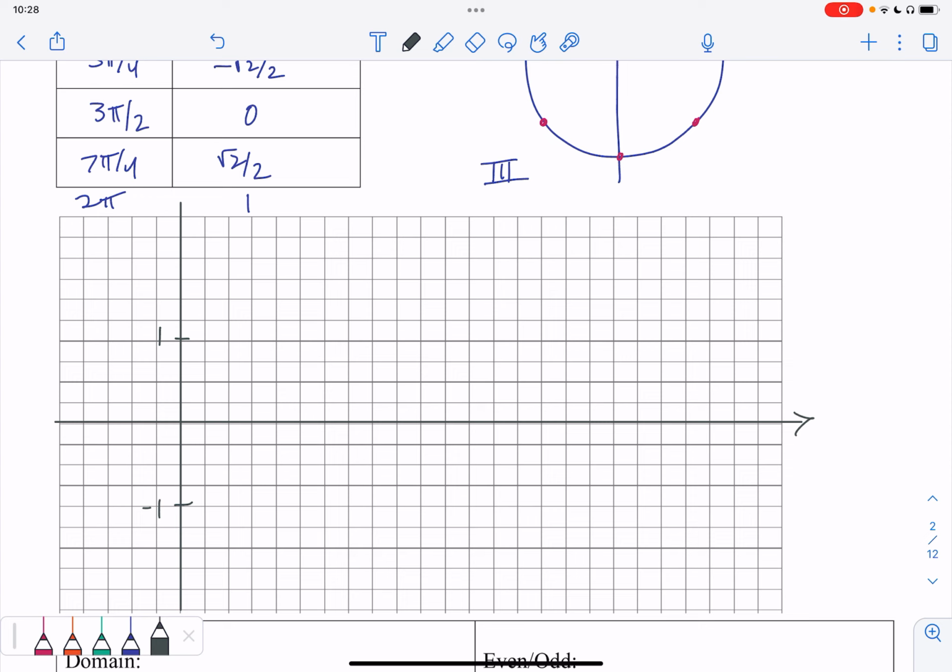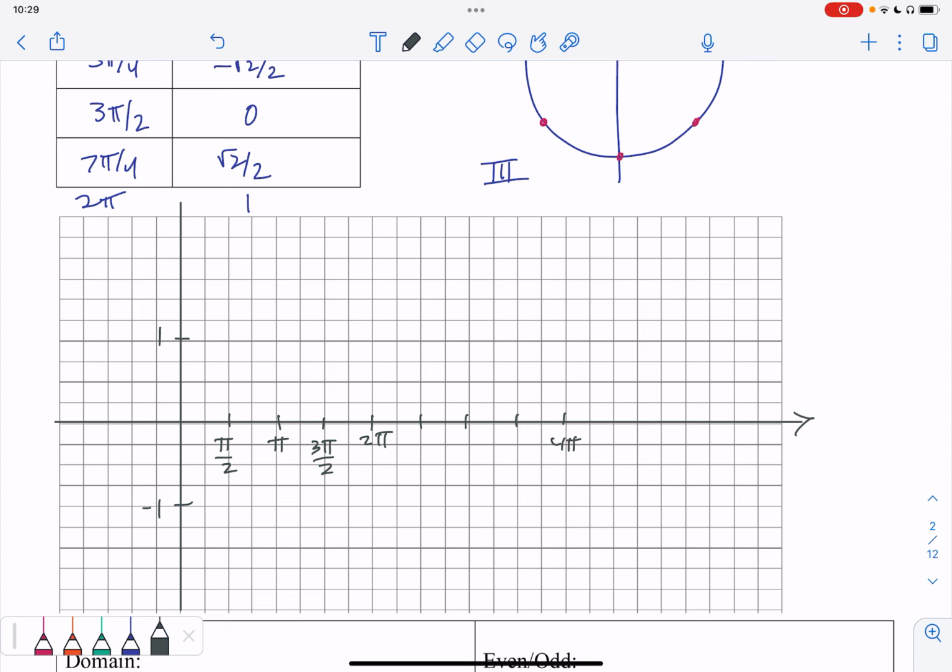Okay, so we've got negative 1 and 1, and then I'm going to draw those 4 ticks and end at 2 pi, and then halfway there will be pi, and then halfway between 0 and pi is pi over 2, and then 3 pi over 2. And if 4 ticks make 2 pi, then 4 more ticks should make 4 pi. That will give me 2 full periods. That's what's required.